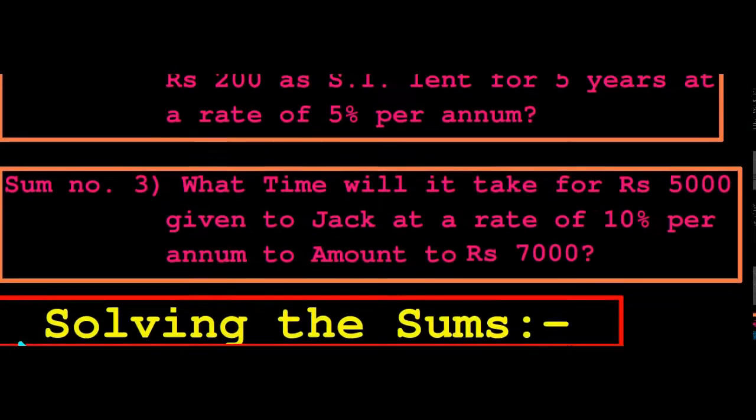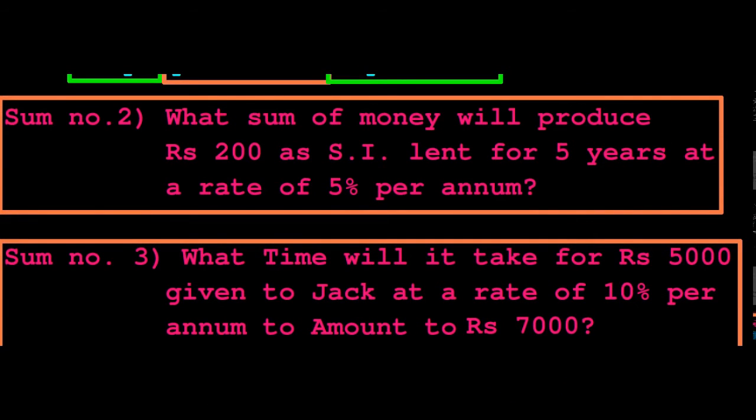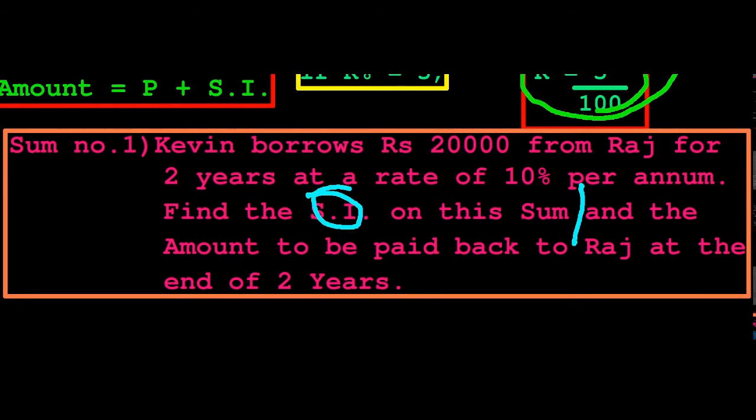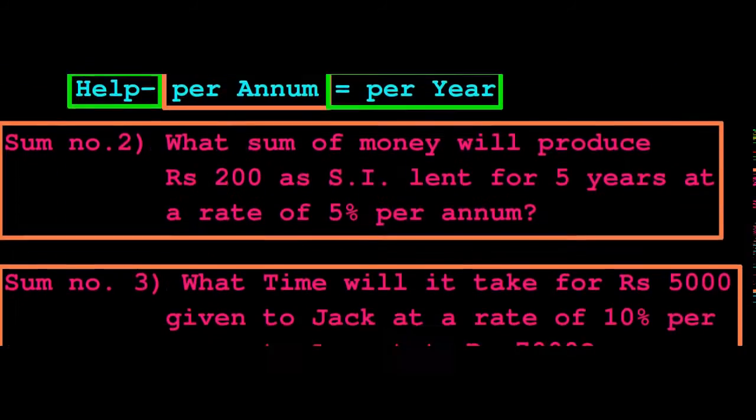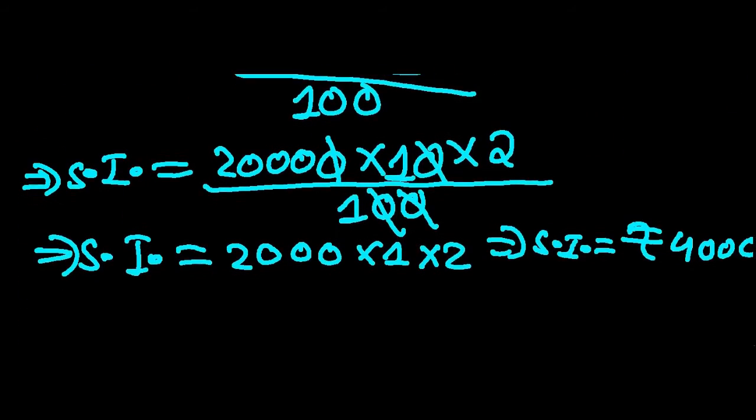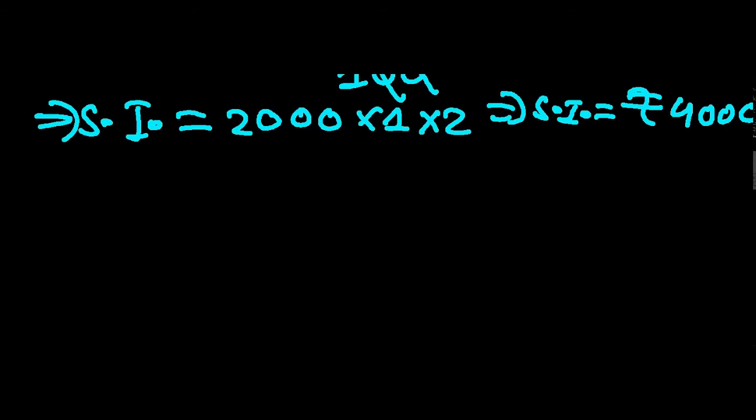Now let's go back to our sum. The sum says that we also have to calculate the amount to be paid back to Raj at the end of 2 years. So now we will calculate the amount to be paid back. Friends, do you know amount is equal to principal plus SI.